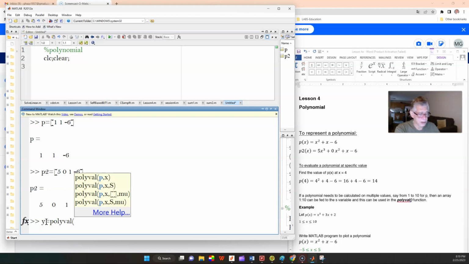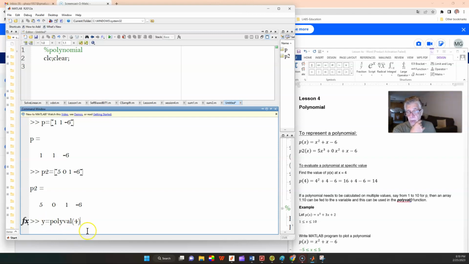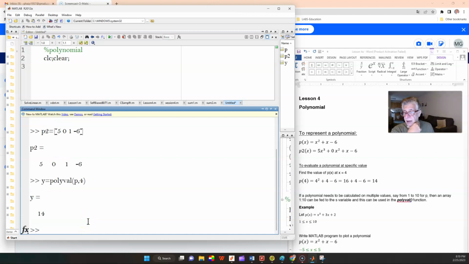I'm just going to write 4. MATLAB will now ask which polynomial. You have two polynomials now, p and p2. I'm going to evaluate the first one, which is p. So now polynomial p and x equal 4, and it will give you the value, which is 14 as well.